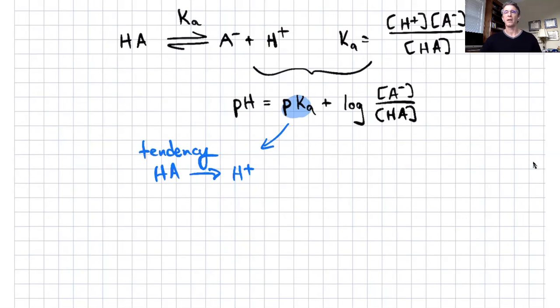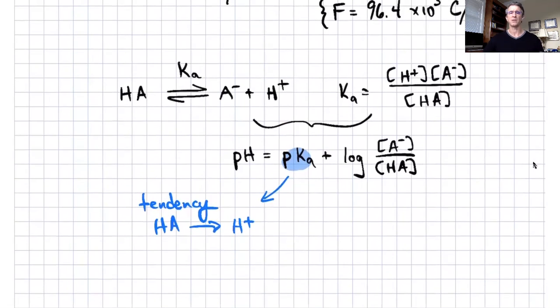The higher the pK, the stronger a base the conjugate base is going to be. So the magnitude of the pK alone gives you some insight, just looking at the number, of how readily a given Bronsted acid or base is going to give up or take up a proton. And so what we're looking for now is an analogous idea with respect to redox chemistry.